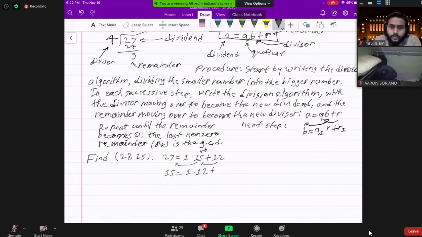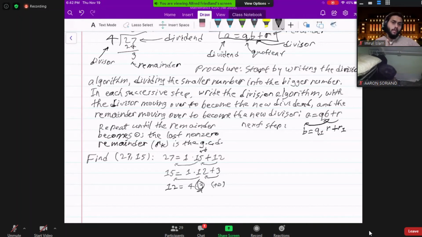Well, 1 times 12, and then there's a remainder of 3. Okay, so the remainder isn't 0, so we continue doing this. The previous divisor becomes the new dividend, so that's 12 equals some quotient times, and then the new divisor is the previous remainder, so we're going to divide by 3. Oh, 12 equals 4 times 3 plus 0.